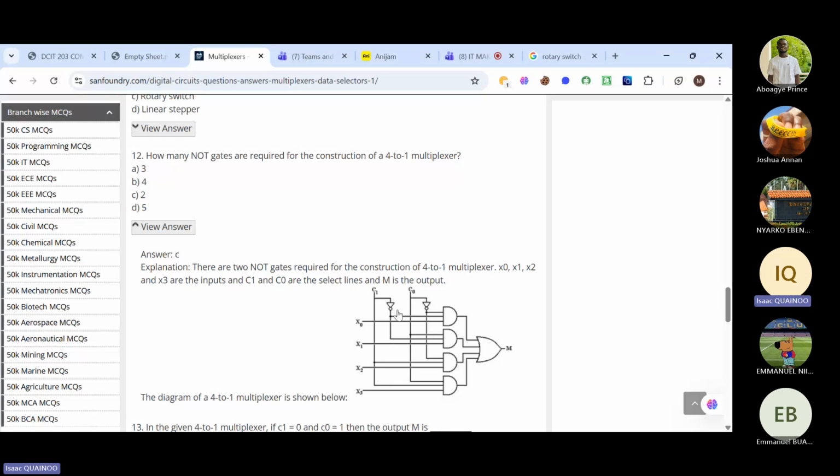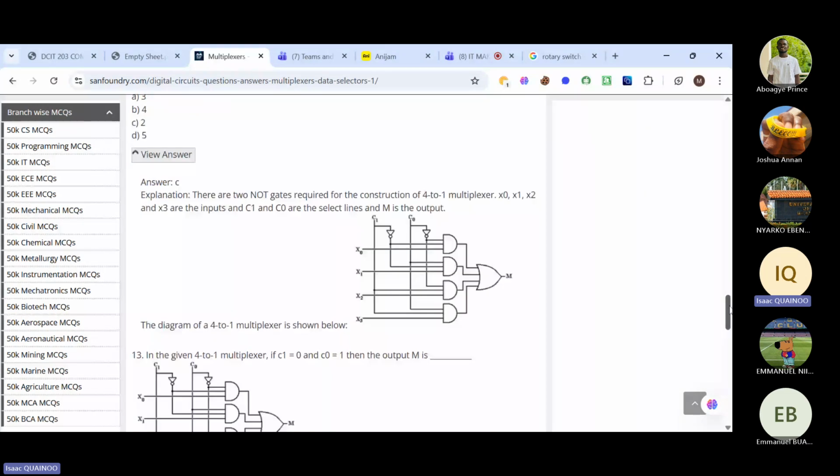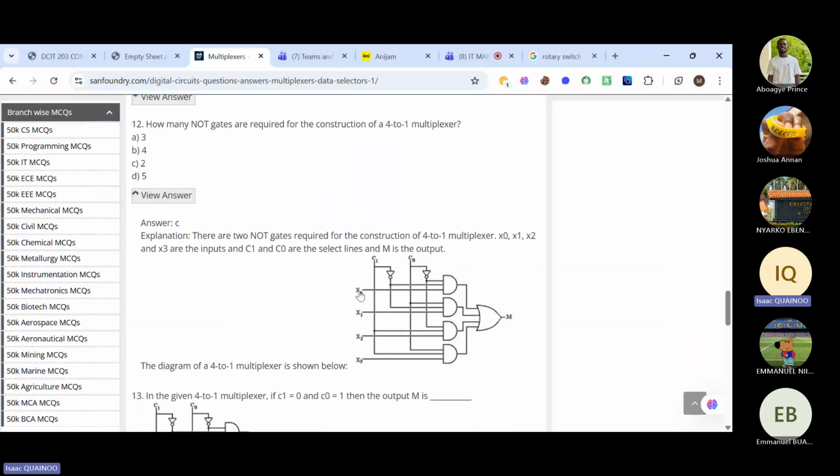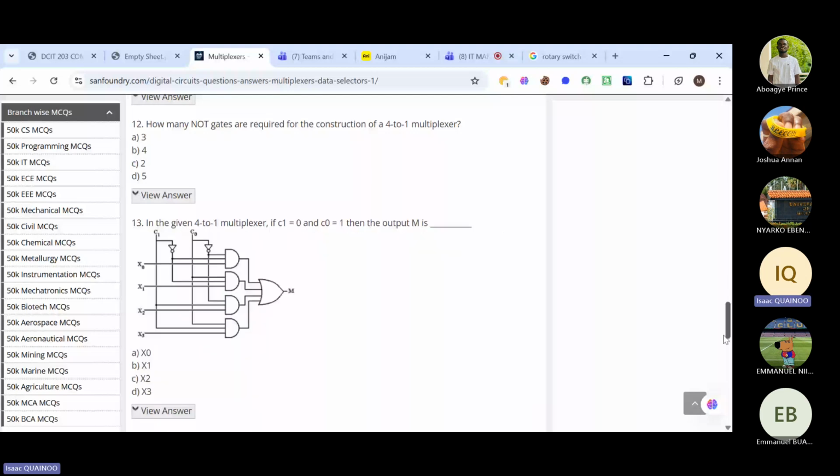I think they use C1 and C0 as their select lines, but we use X1 and then X0. They use X0, X1, X2, and X3 as their inputs, but we use A, B, C, D. And the knot gates that we use were just 2, which were C1 knot and C0 knot, which correspond to our X naught and then our Y naught. Hence, 2 is the correct answer.